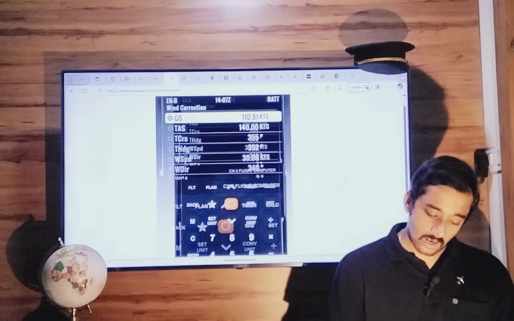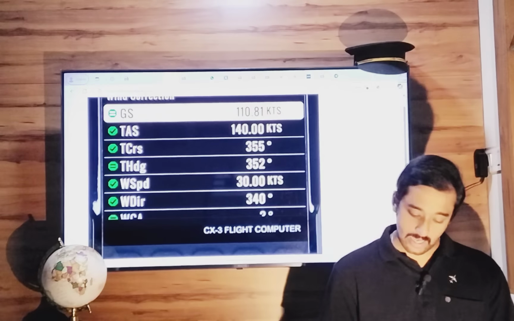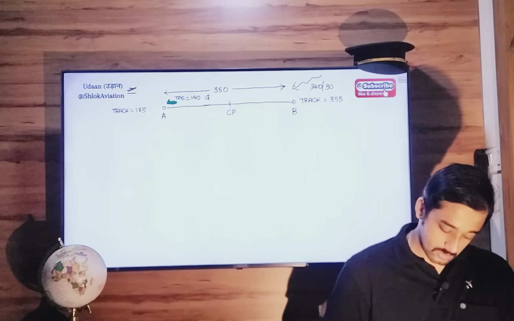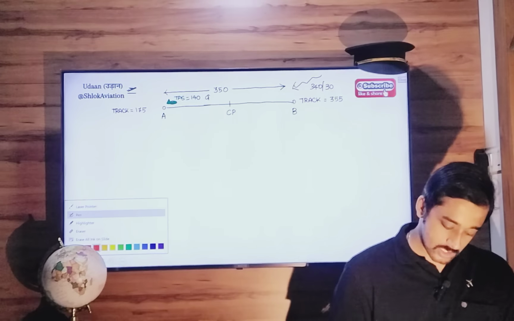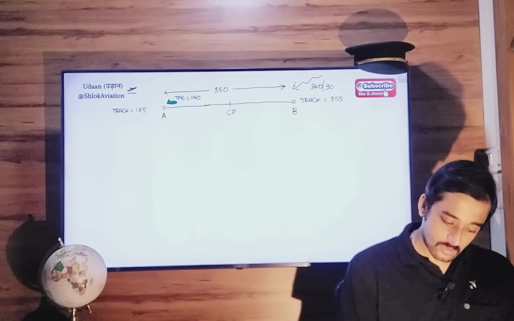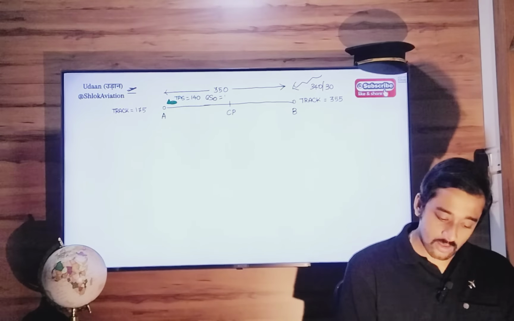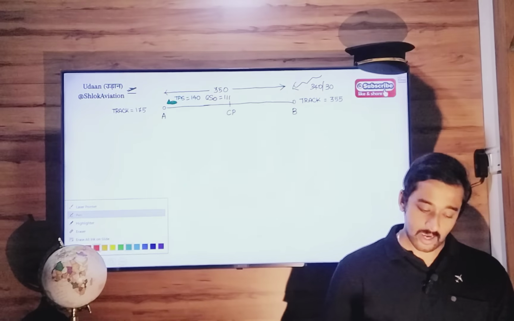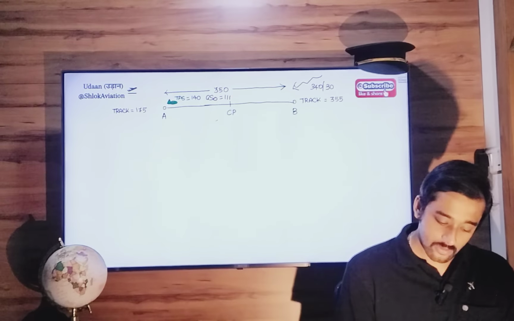So your outbound ground speed is 110.8, or outbound ground speed will be 111.